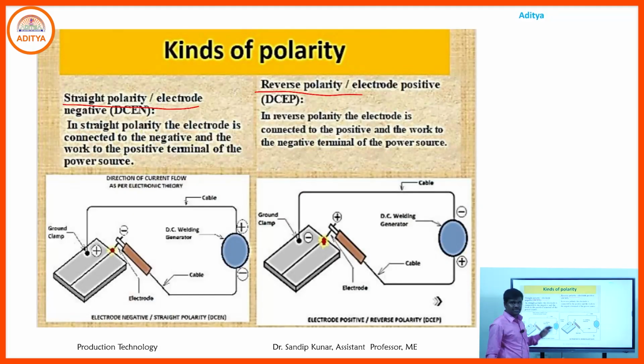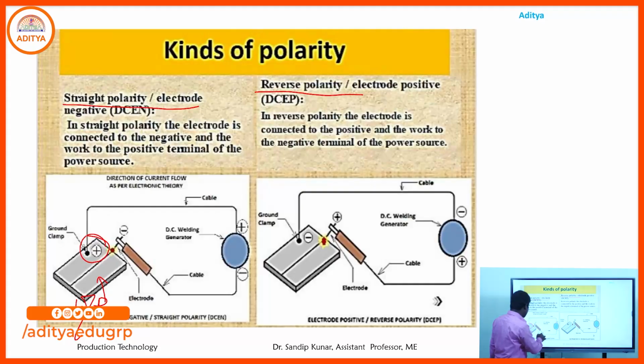In straight polarity, the workpiece is connected to the positive terminal of the power supply, and the electrode is connected to the negative terminal of the DC power source.